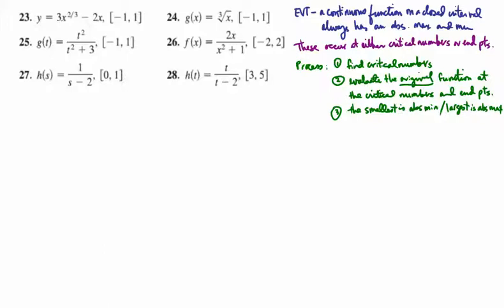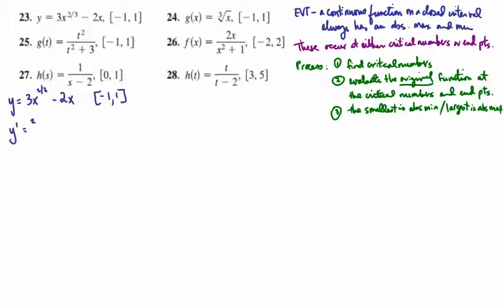In problem 23, we have y is equal to 3x to the 2/3 power minus 2x on the interval from -1 to +1. First thing we're going to do, take the derivative, y prime.